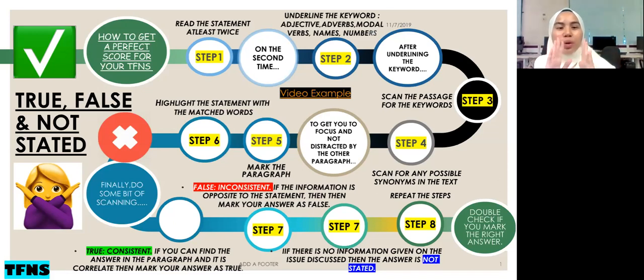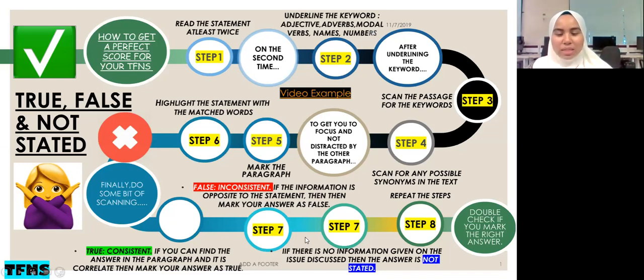If you cannot find one or even more information that was given in the statement in the text, then the answer is not stated. But if the answer is false, it is literally like the information that was given in the text is opposite to what the statement is about.